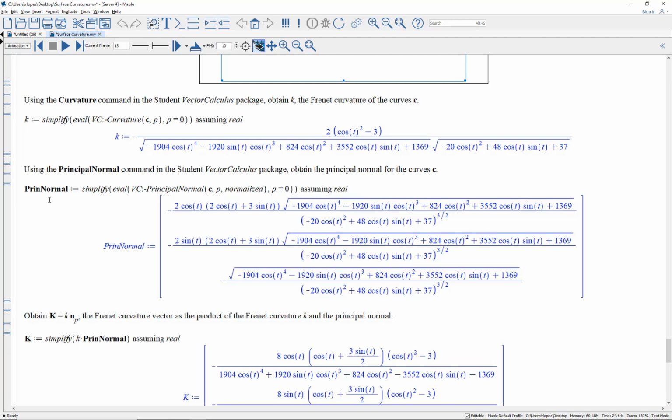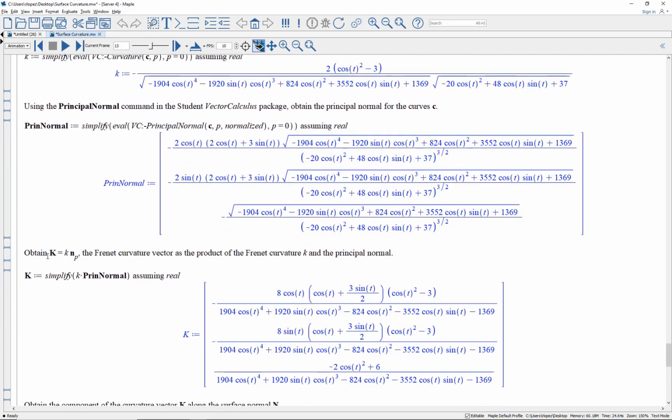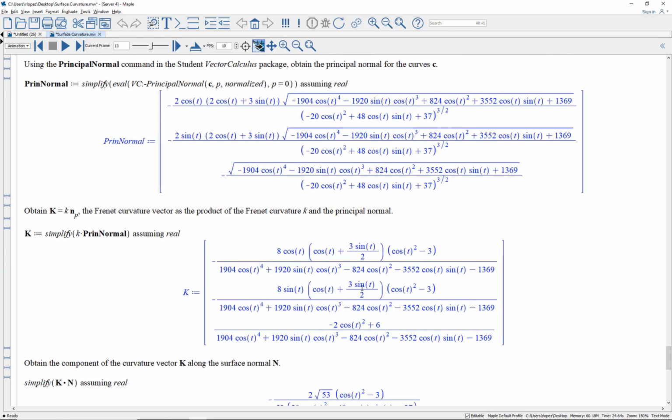Then I get the principal normal. There's the curve, c, unit, because I put normalized, use the principal normal command in vector calculus, and I get the principal normal. Then I construct the curvature vector, which is the product of the curvature and the principal normal. And so I now have the curvature vector.